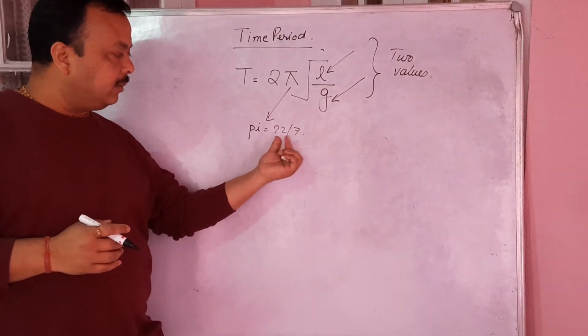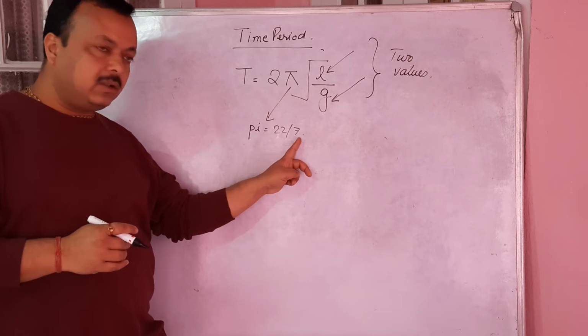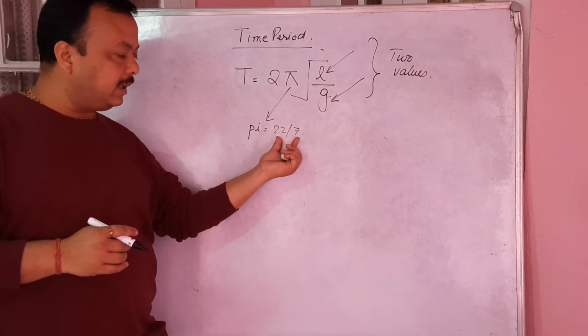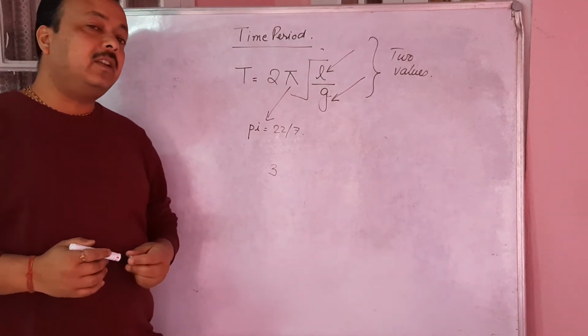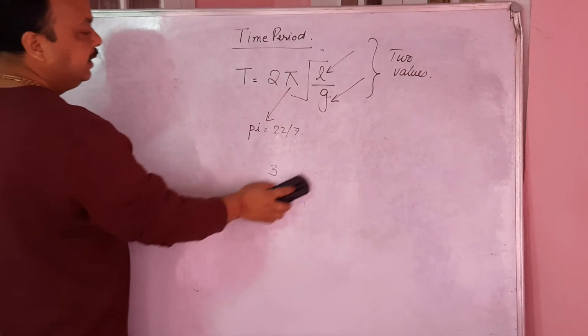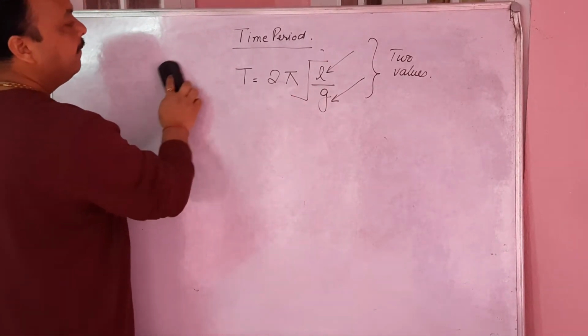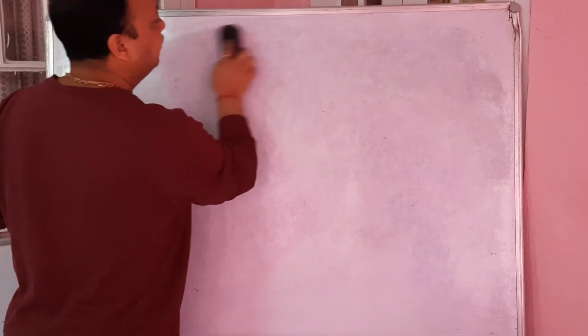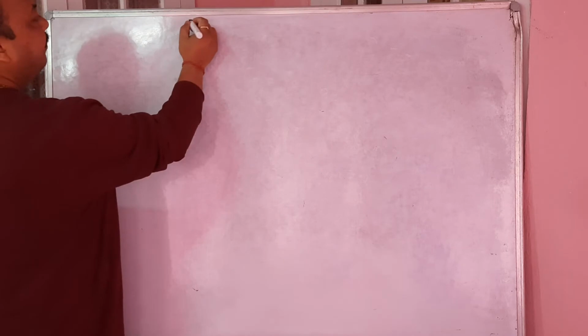If you write 22/7, first thing you have to take care of is that 22 is a whole number, 7 is also a whole number. If you divide one whole number by another whole number, the answer you will get is only 3. But the value of pi is not 3. That is the reason that we will not exactly follow what is there in the book, but instead, let's see how we write the program.